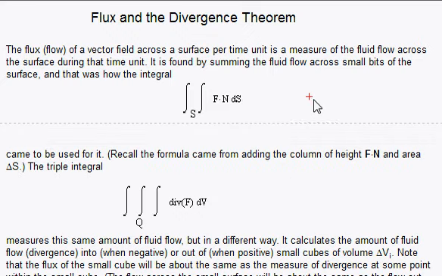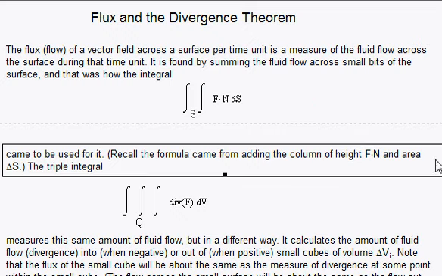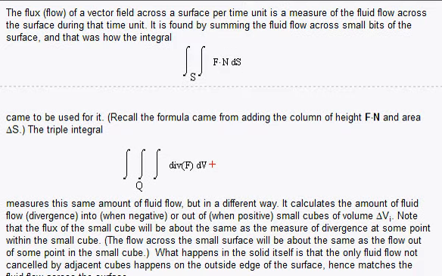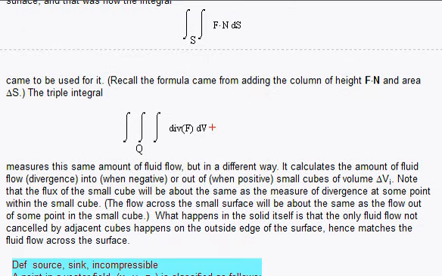Okay. Recall the formula came from adding the column of height f dot n and area del s. And actually the product of the column height f dot n and the area del s of the piece of surface. And this triple integral measures the same amount of fluid flow according to Gauss's theorem, but in a different way.